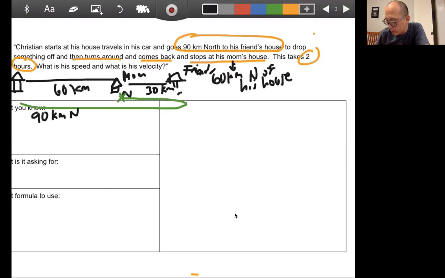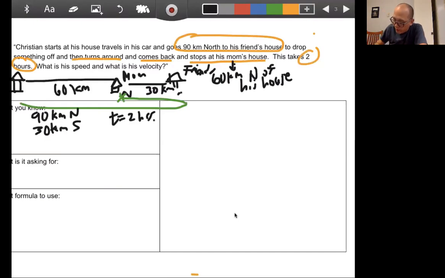He's now 60 kilometers north at the end of the story, just like in the first problem. So we have to remember that he actually went 30 kilometers, but that was in the south direction. Okay, another bit of information that we know is we know that the time is still 2 hours, just like last time.